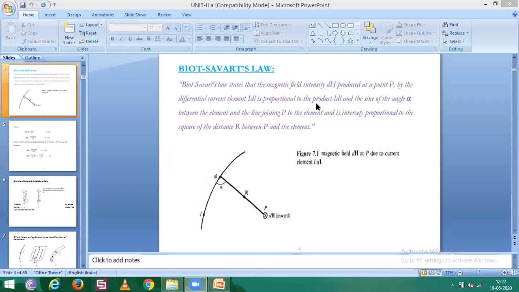So it is proportional to the product of IDL and the sine of the angle alpha between the element and the line joining P to the element.